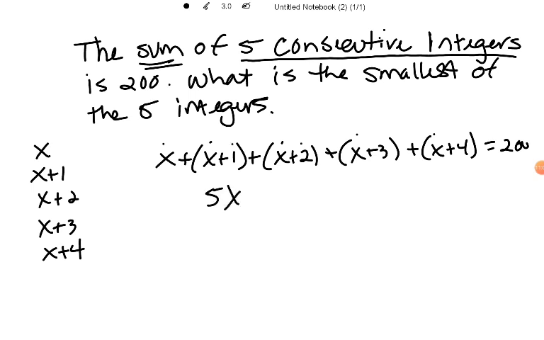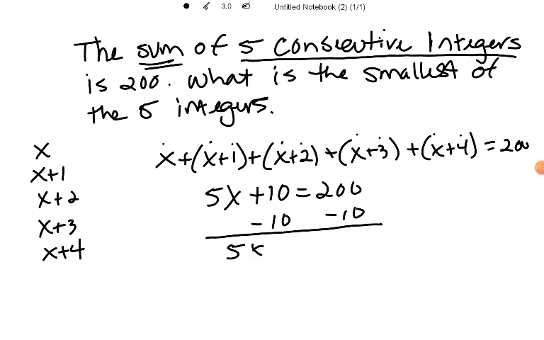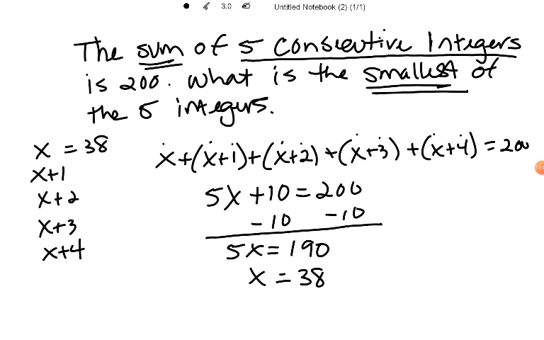And then 1 plus 2 is 3, 3 plus 3 is 6, 6 plus 4 is 10, and that equals 200. So we'll just solve. So x equals 38. Okay, and it asked what the smallest. So x equals 38, and that is the smallest.